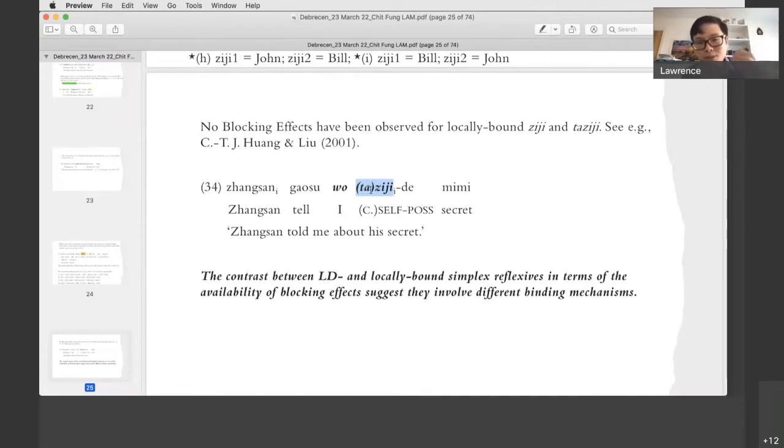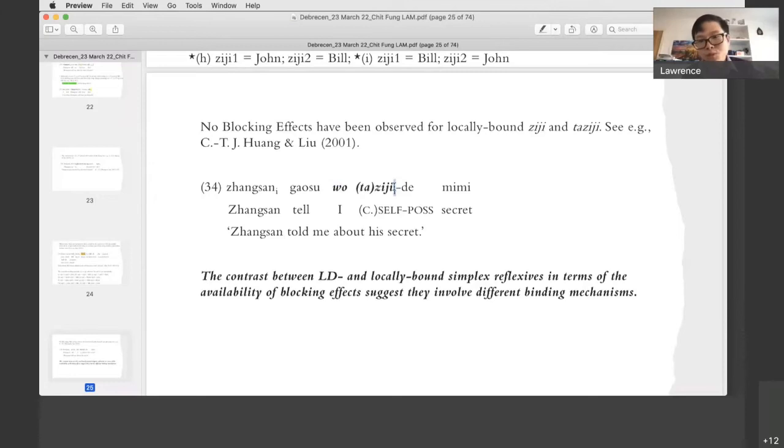The complex reflexive is subject oriented, so it has to be bound by the subject of the sentence. This is just a local binding, because I is an object and is never a possible potential antecedent at all. If blocking effects did happen, we would expect that we can't use a reflexive here because the reading would be blocked.